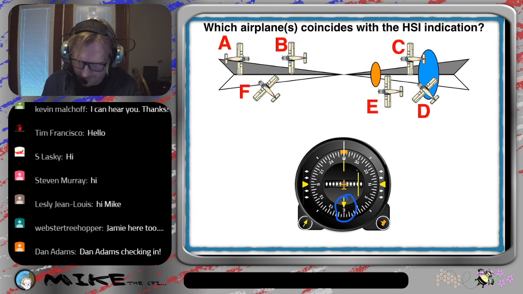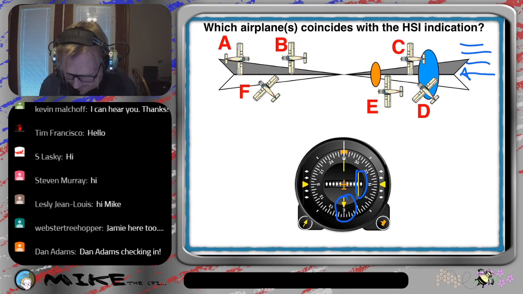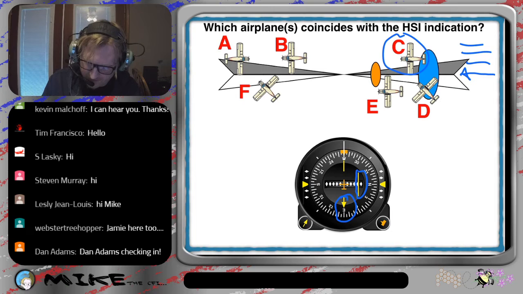Whenever we're reverse sensing, we say that we are the needle. And we can say here that if we were heading westbound and we are the needle, then that means that we're somewhere up here. And we are facing a direction of west, so that means that it's going to be letters B and C.